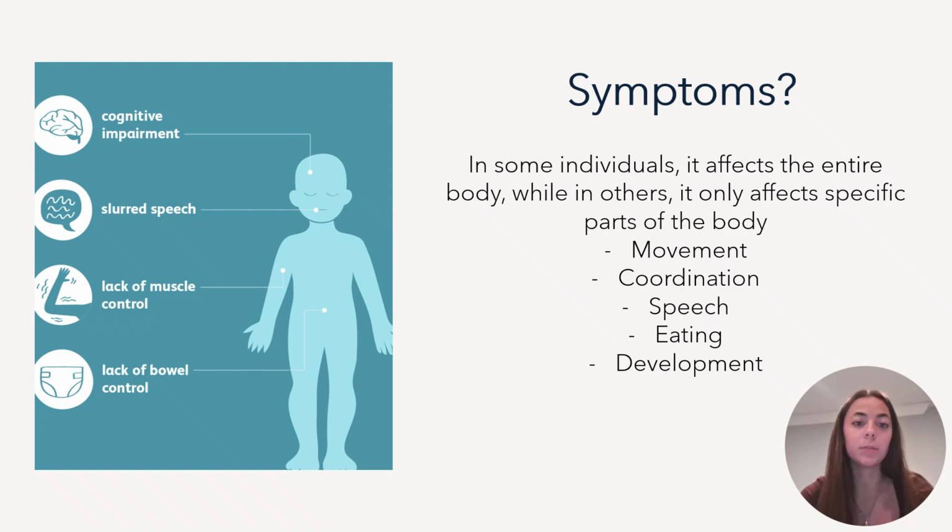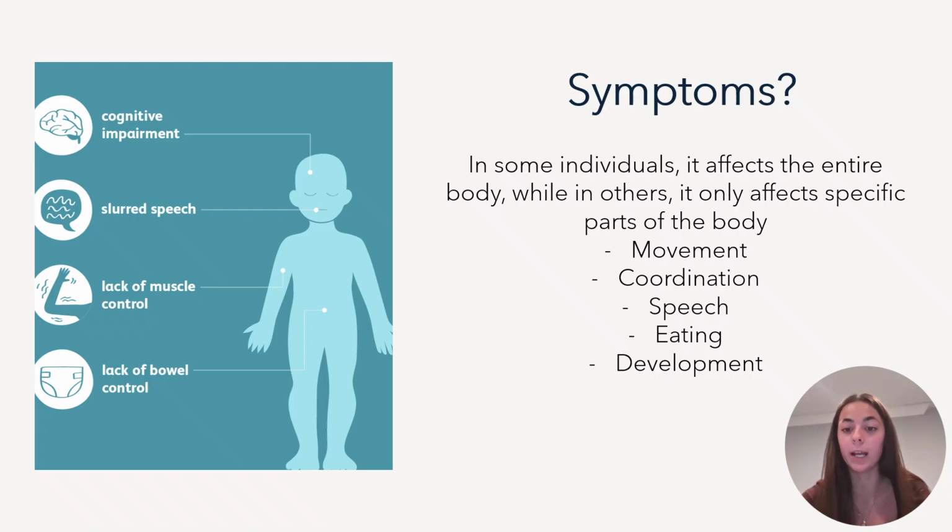Some of the symptoms of cerebral palsy: in some individuals, it affects the entire body, while in others, it only affects specific parts of the body, but it can also affect movement, coordination, speech, eating, and development. This is different for all students, all patients, anyone who has cerebral palsy.